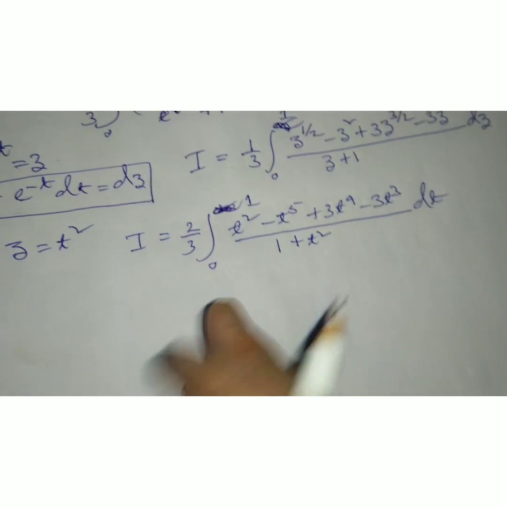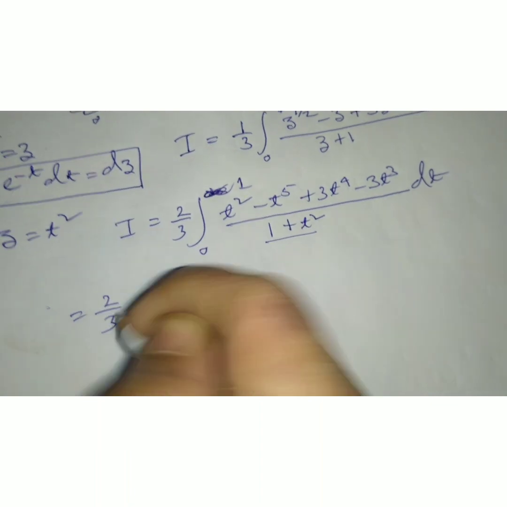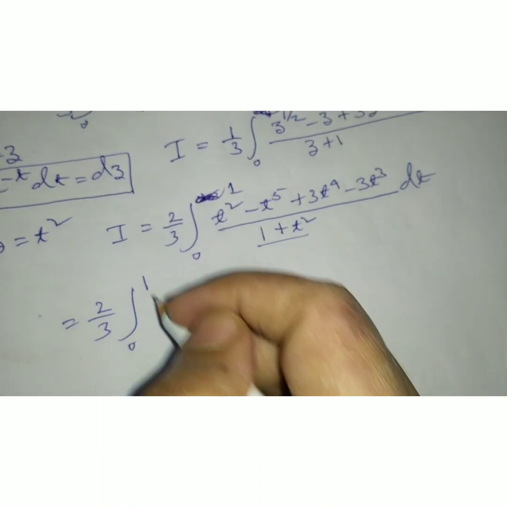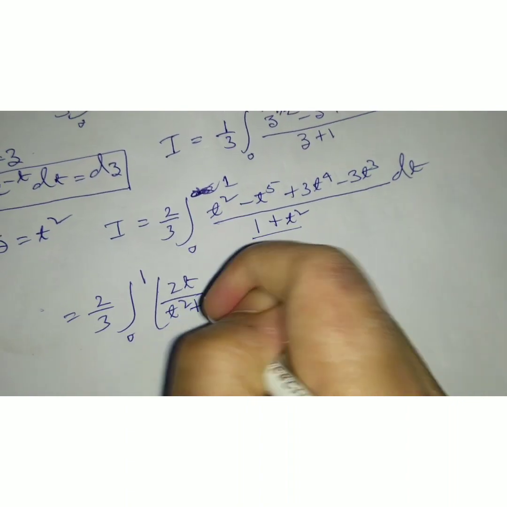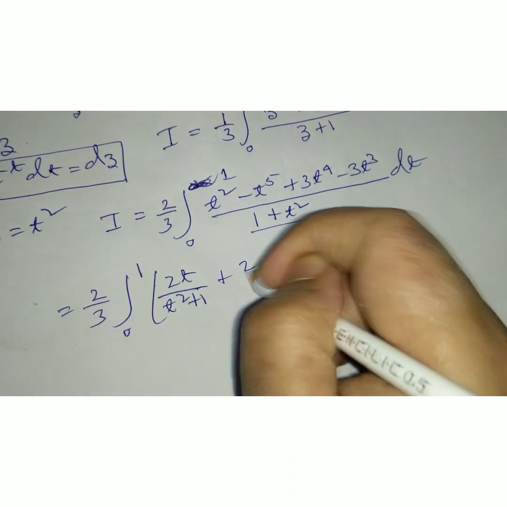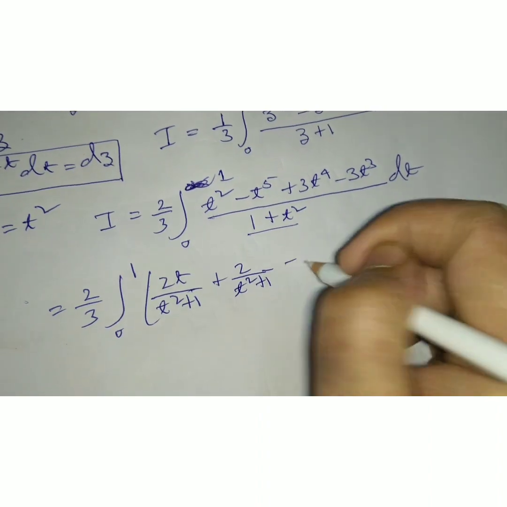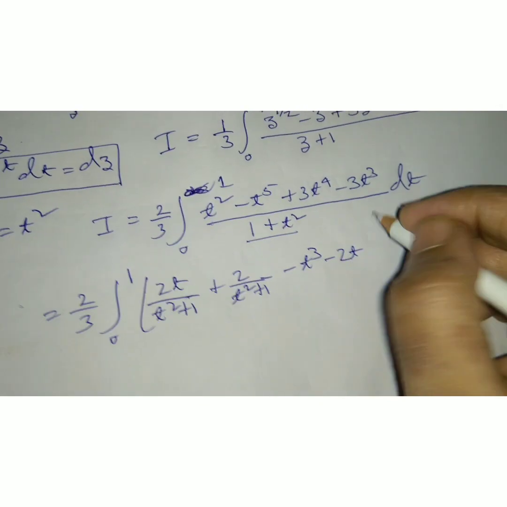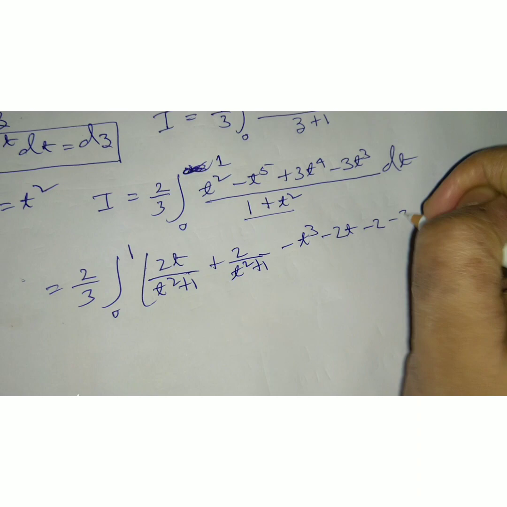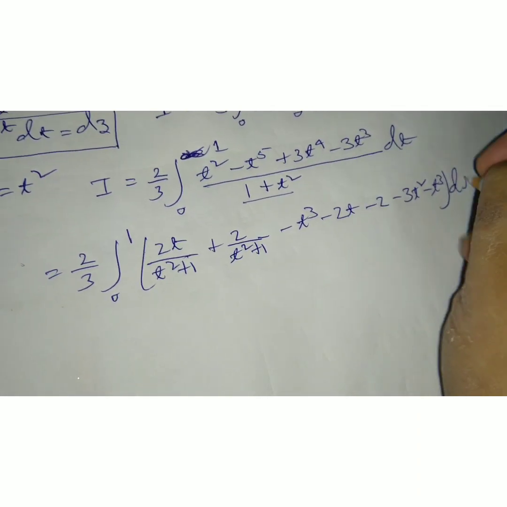Calculation is very large. After that you will divide. If I divide this, then I get 2 by 3 into the integral from 0 to 1 of 2t divided by t square plus 1, minus 2 divided by t square plus 1, minus t cube minus 2t minus 2 minus 3t square minus t cube into dt.